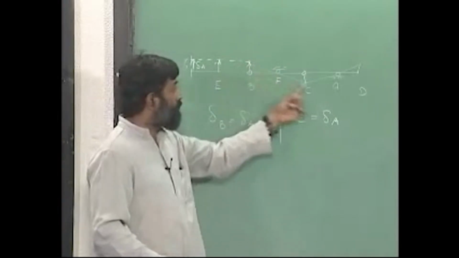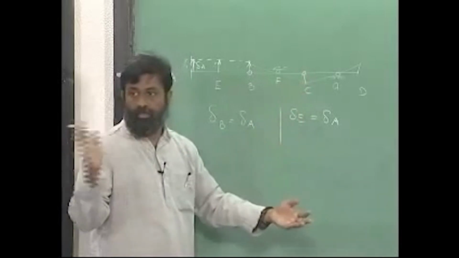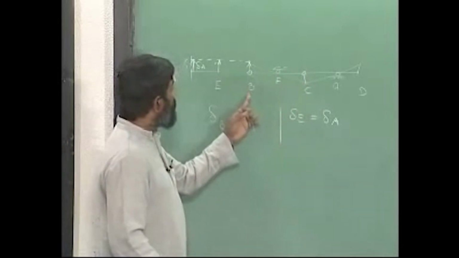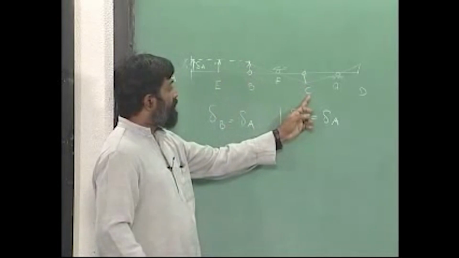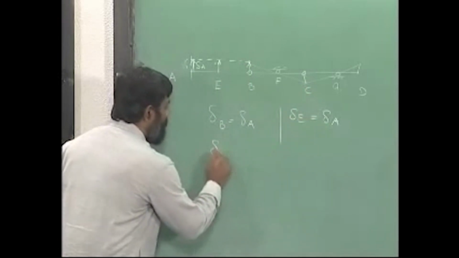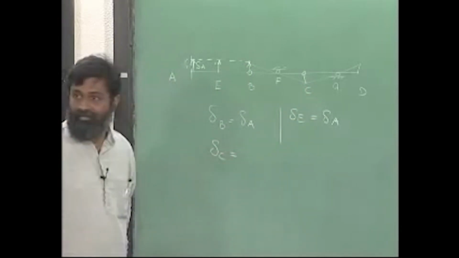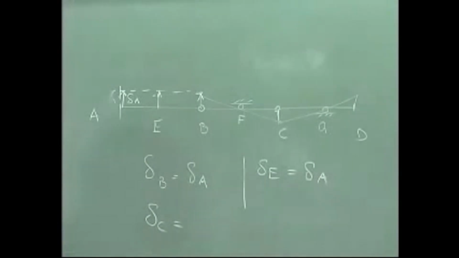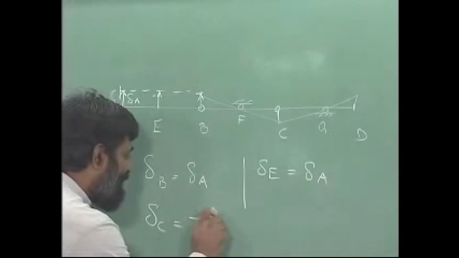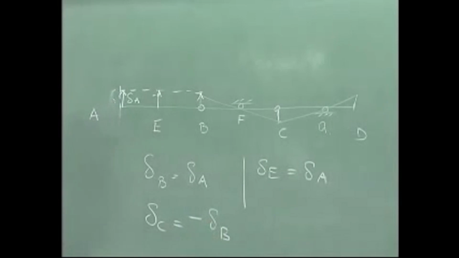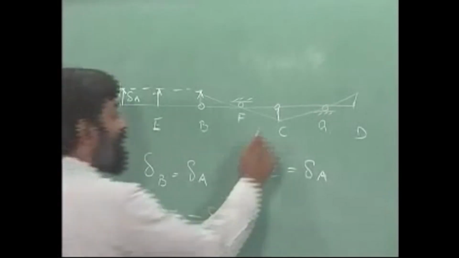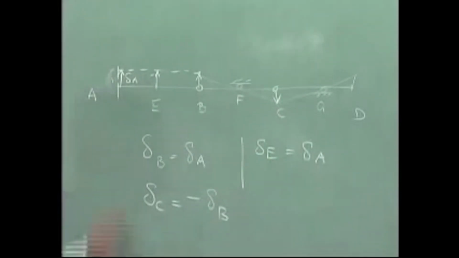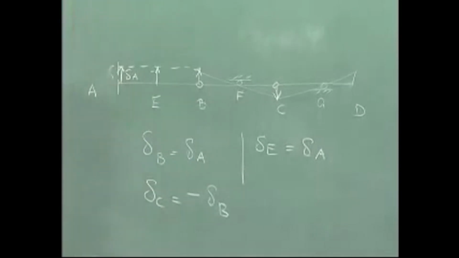So for all practical purposes I am not going to consider the horizontal displacement. So this is delta B, delta C will be the same minus delta B. I am just going to be consistent with the directions. I will take upward to be positive, downward to be negative.